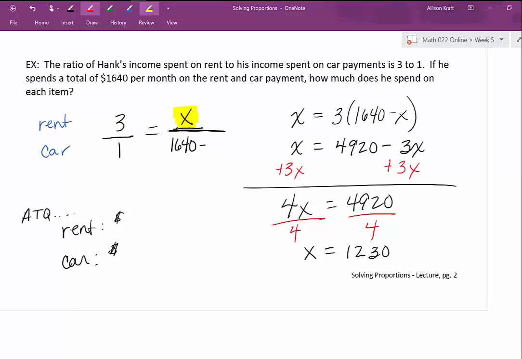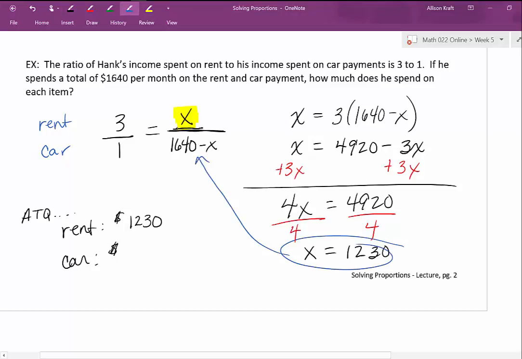So that means that his rent must be $1,230. To find the car payment, we're going to plug x into this expression right here. It's going to be 1,640 minus 1,230, which makes his car payment $410.